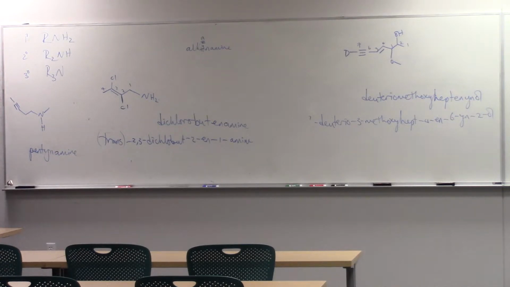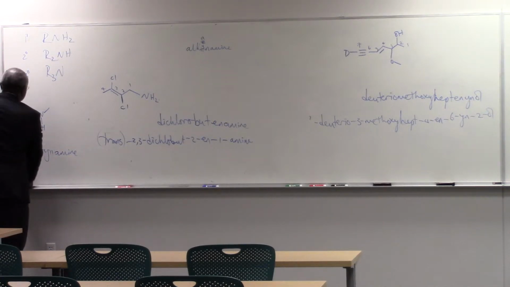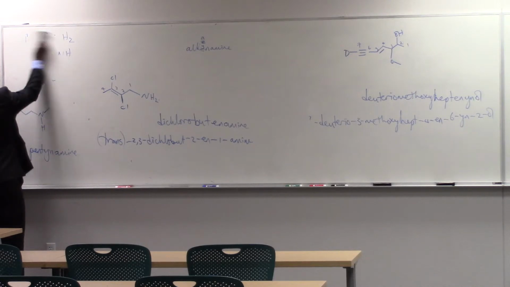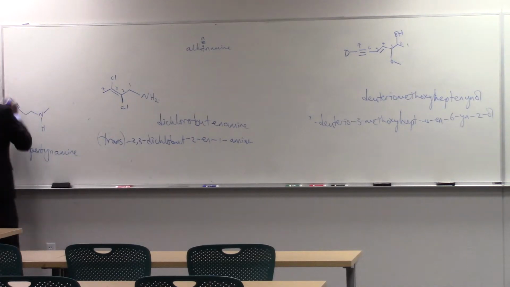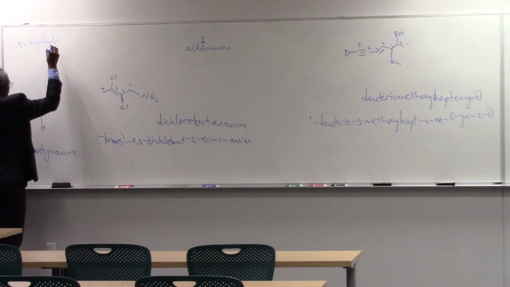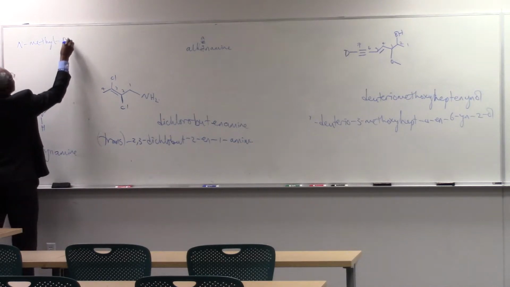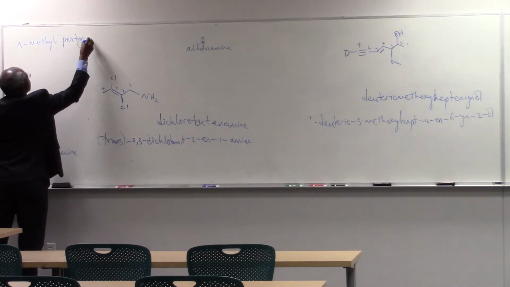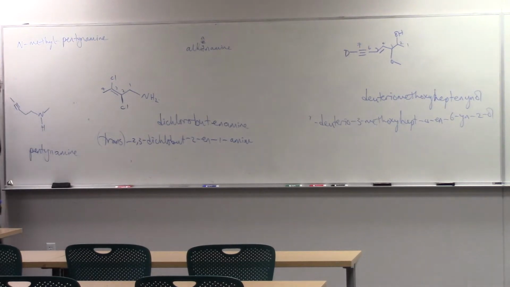So I would call this, there's no room here, I would call this N-methyl pentinamine. What I need now is to indicate where the nitrogen is on the backbone, right? So obviously, again, I want the lower numbers. This is our 1, 2, 3, 4, 5.